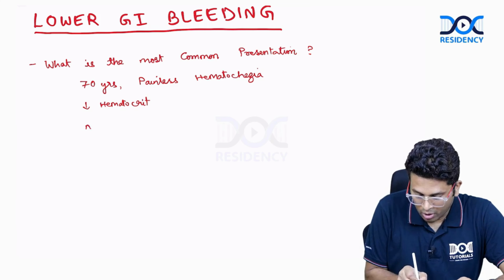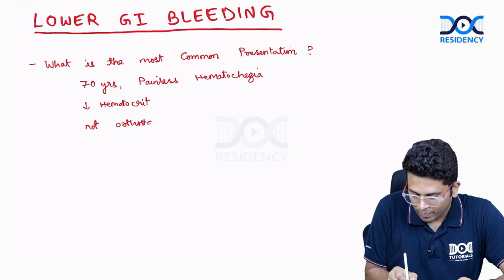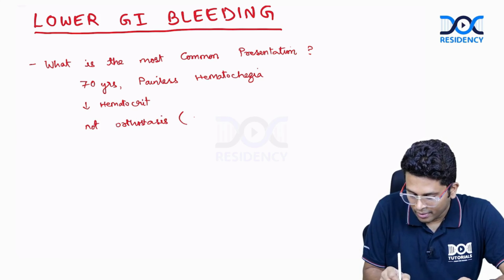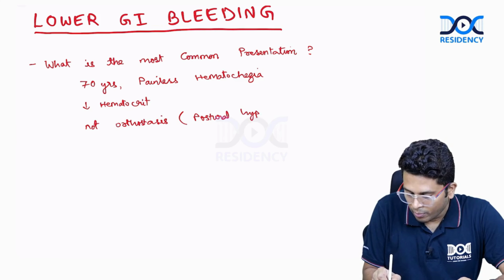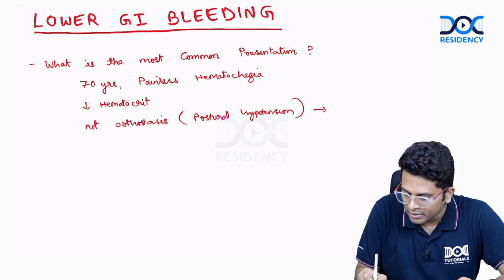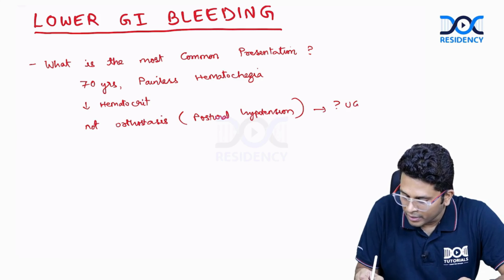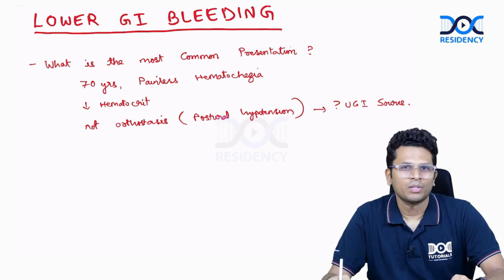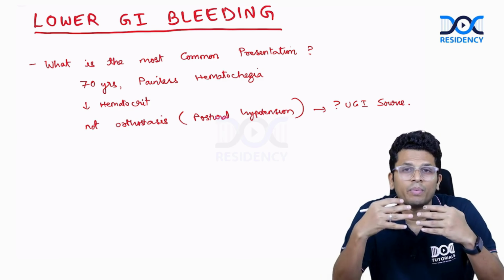Usually you will not find orthostasis or what you call postural hypotension. If at all you have this, you should start considering probably it is an upper GI source. Okay, these are the basic points I would want to just see about what is the most common presentation.